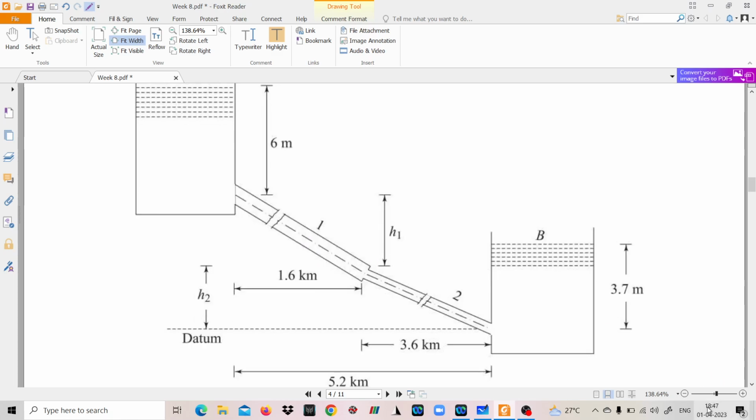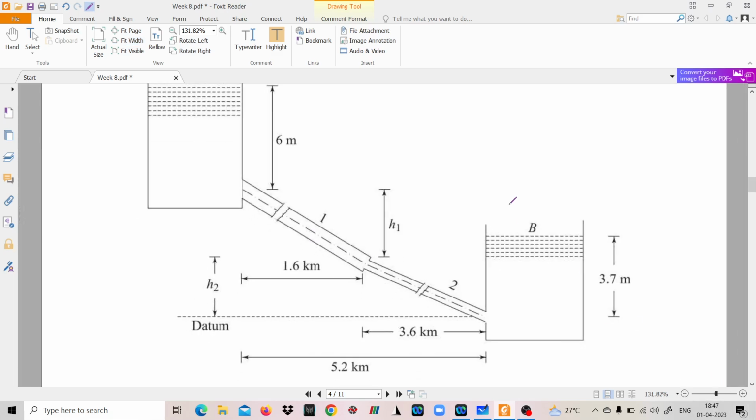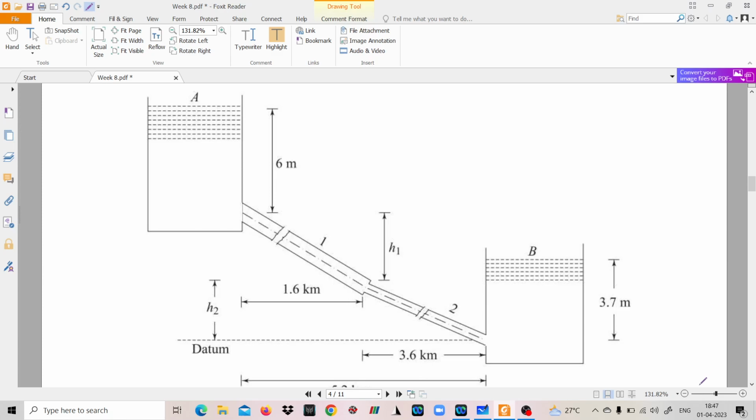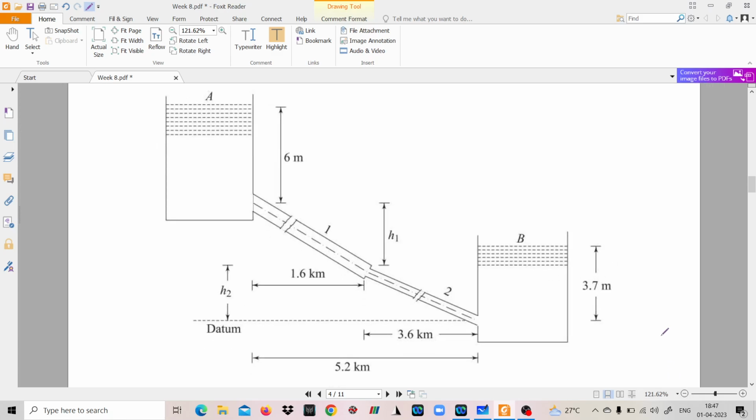As I have always mentioned, it is always better to draw the problem figure before solving the problem. It helps you in visualizing the physical situation. So this is the upper reservoir, and this is the lower reservoir. I'm writing U for the upper reservoir and L for the lower reservoir. As mentioned above, these two reservoirs are connected by a pipe network with two pipes.